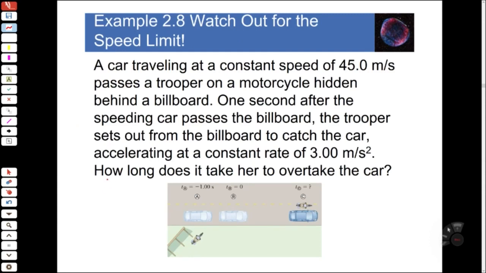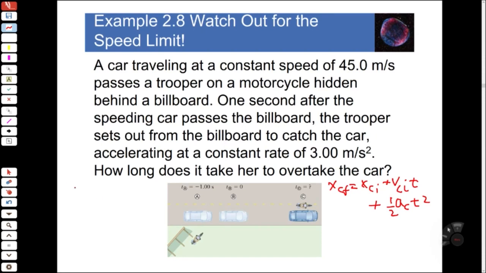In this example, a car traveling at constant speed passes a trooper on a motorcycle hidden behind the billboard. 1 second after the speeding car passes the billboard, the trooper sets out from the billboard to catch it. So you just use these two relations. For the car, xc final is x car initial plus v car initial t plus 1/2 a car t squared.